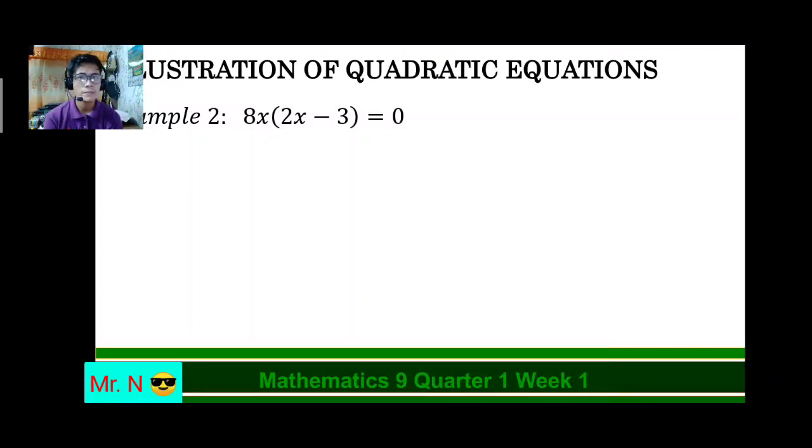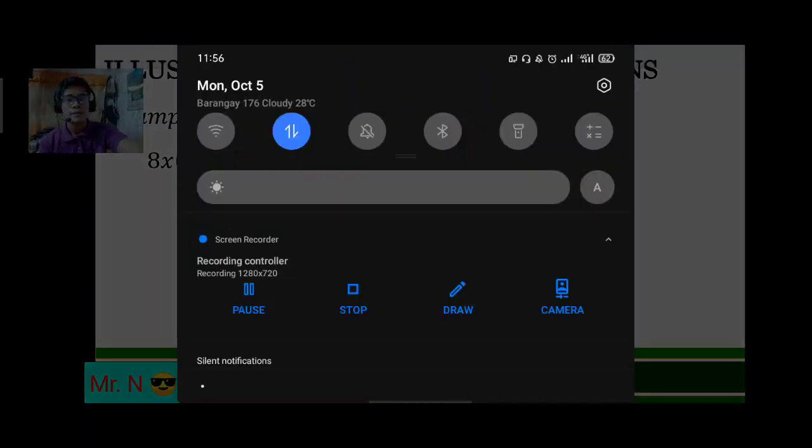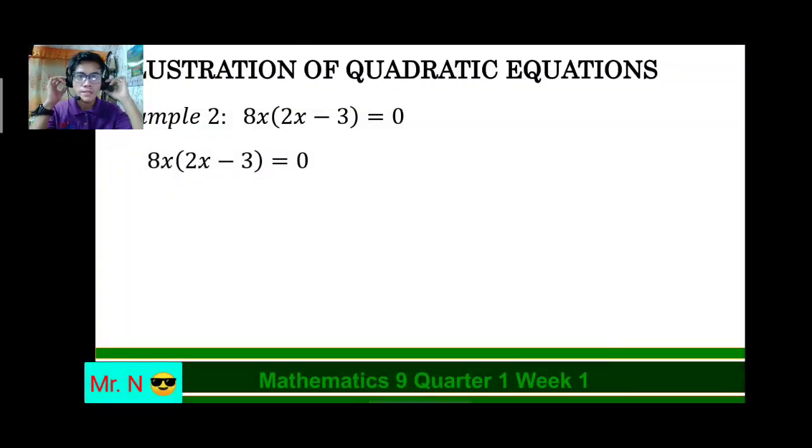Okay, para malaman din natin kung yan ay quadratic o hindi. Now let's distribute. 8x times 2x, that's positive 16x squared. And 8x times negative 3, that is negative 24x, is equals to 0.